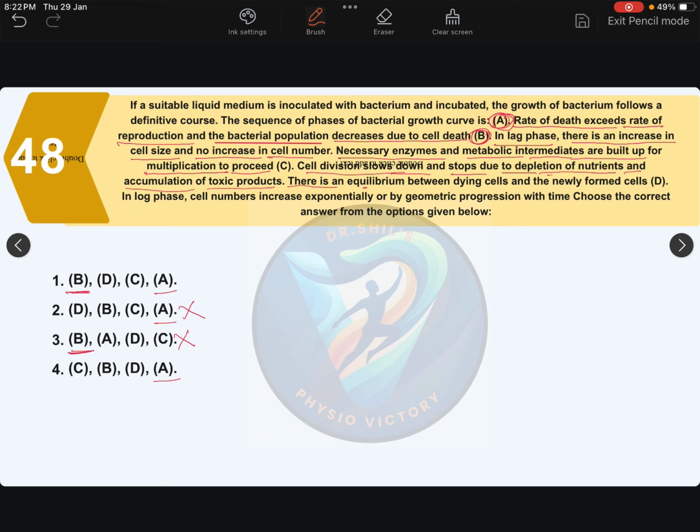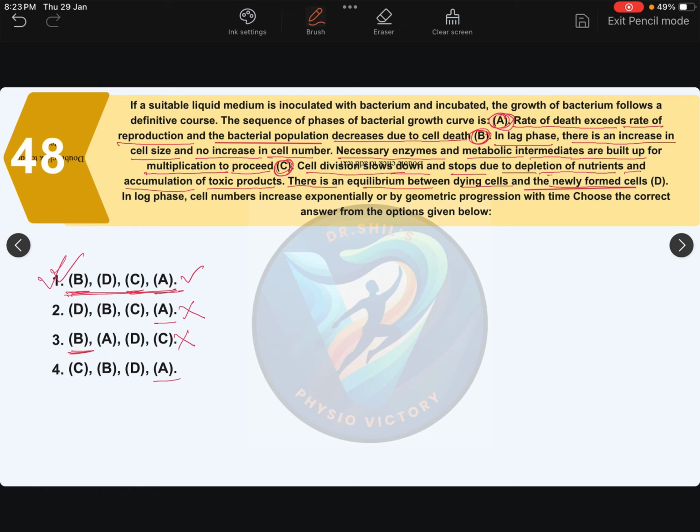There is an equilibrium between dying cells and the newly formed cell. ये बेसिकली प्लेटू फेज होता है जो कि मिड फेज में आता है. ठीक है. सो ये थर्ड फेज होगा. C would be the third. सी थर्ड इसमें है. सो करेक्ट आंसर इज ऑप्शन 1.